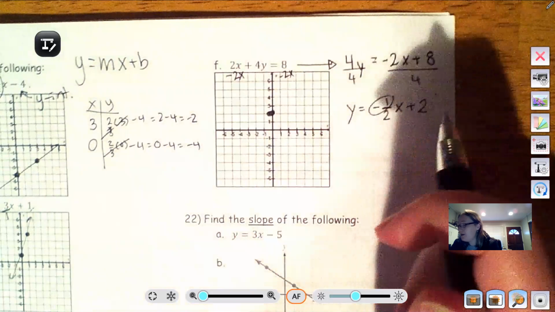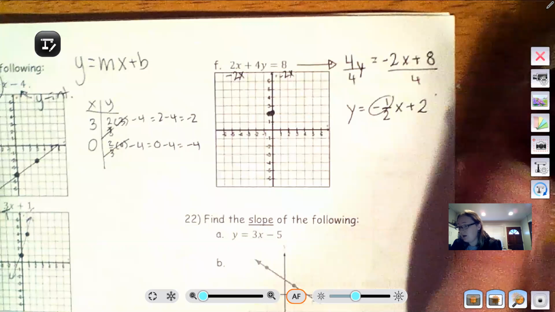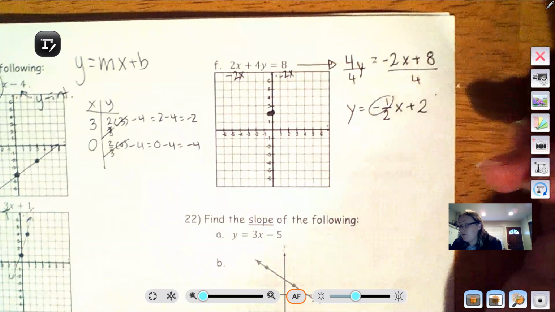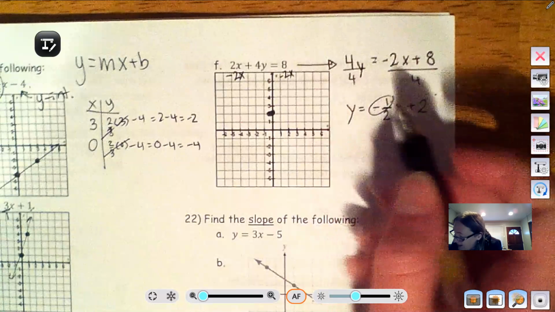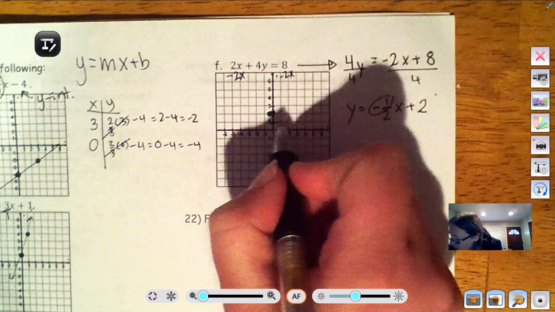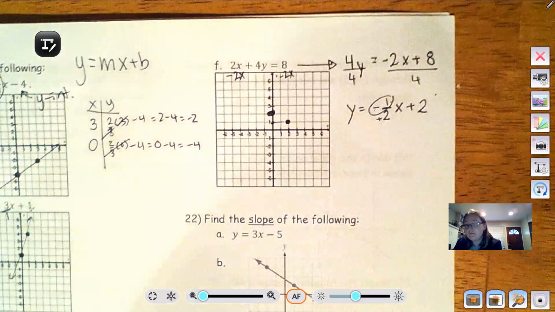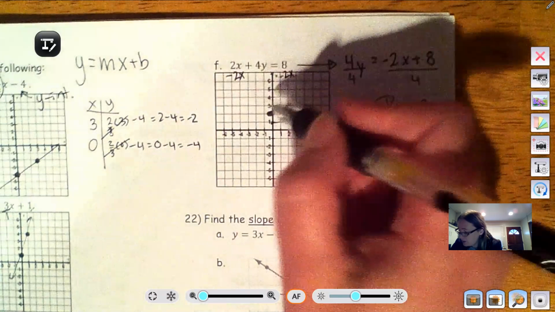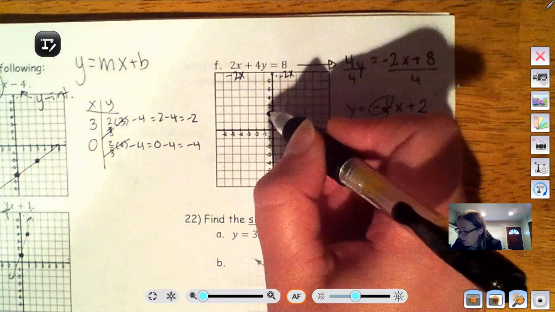You can have it go on the top number or the bottom, but you don't put it on both because then it would be a negative divided by negative, which would be positive. And we have a negative here. So -1 would be like down 1 and then run to the right 2, because it's then a positive 2 there. And there's that negative slope. We have -1/2, so it should be going downhill.